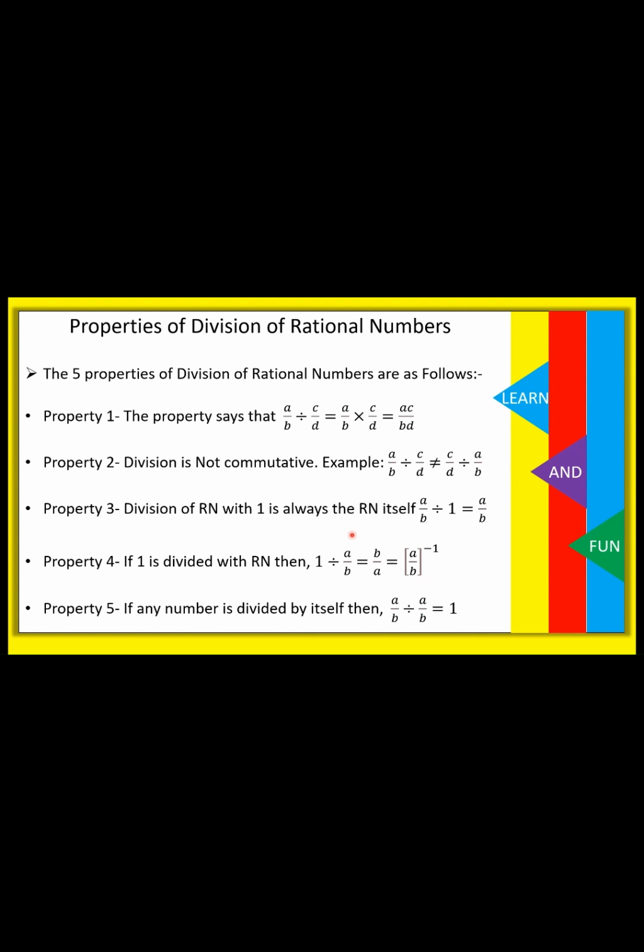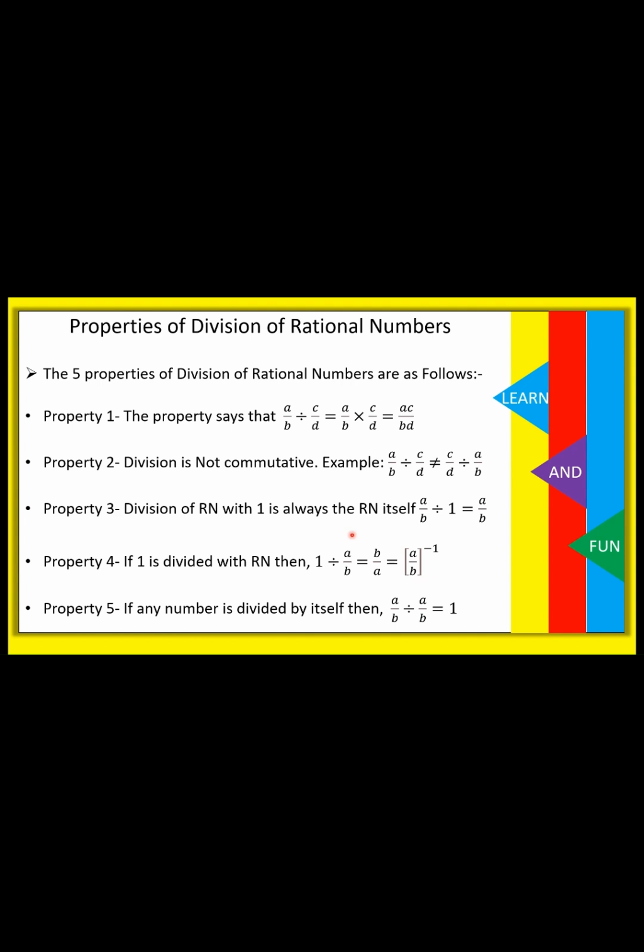Now coming to property 4. If 1 is divided by a rational number, then 1 divided by a/b is equal to b/a, which is equal to (a/b) to the power minus 1. What does this mean?